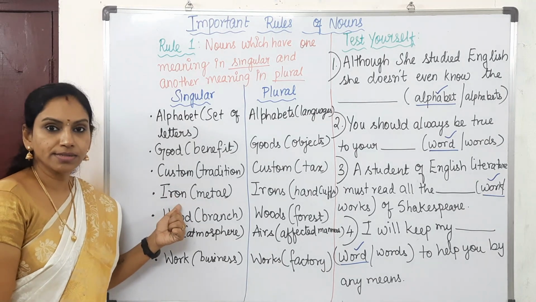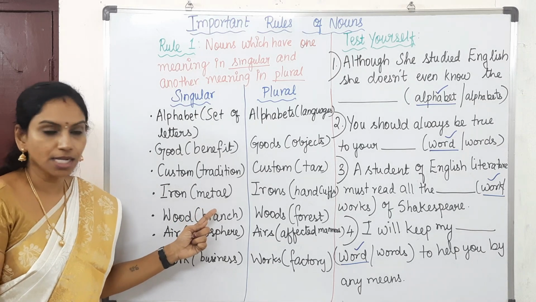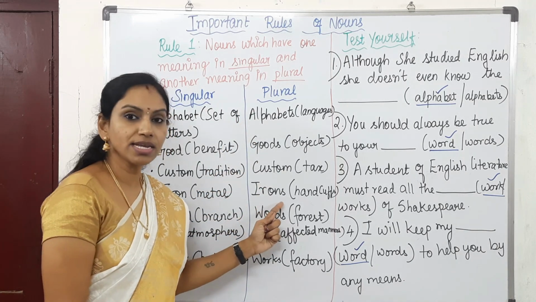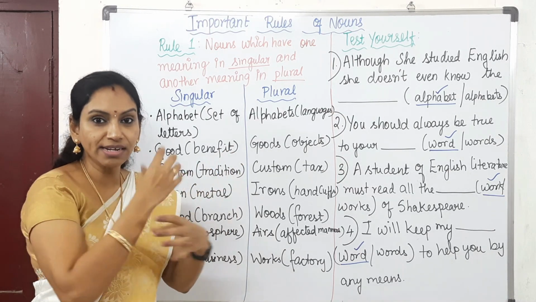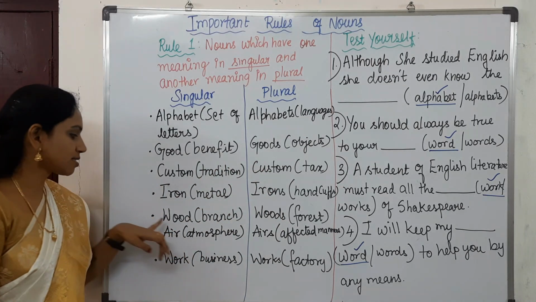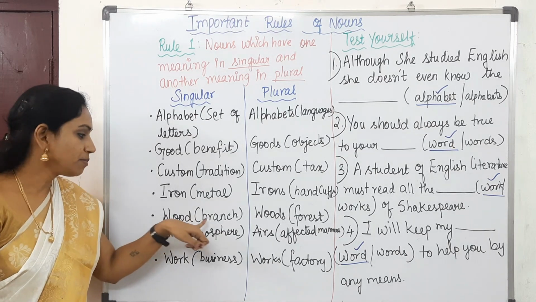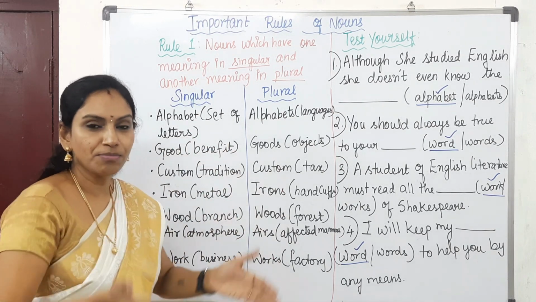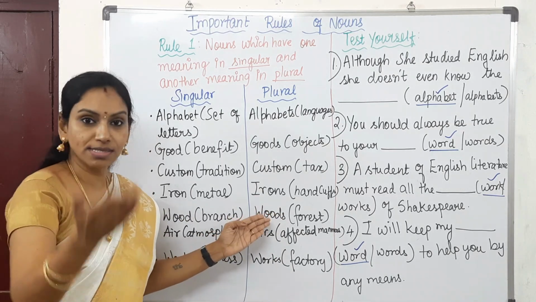Next, iron. When it is singular, we mean it's a metal. When it is plural, irons means your handcuffs. Police will arrest you using handcuffs. Those are called irons. Next, wood. If it is singular, wood means branch of a tree. The same in plural, woods.